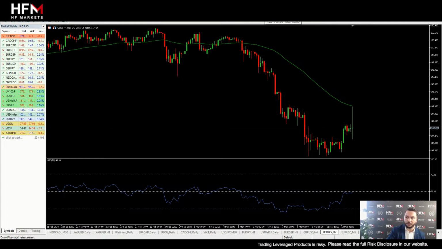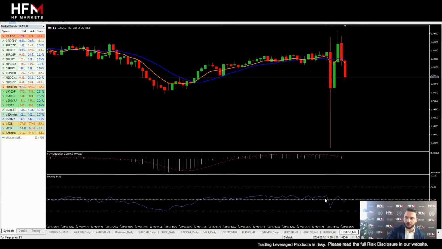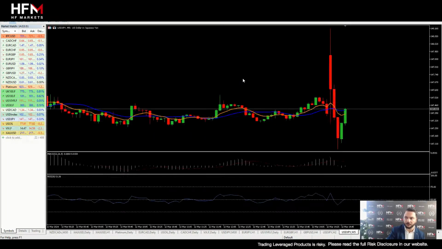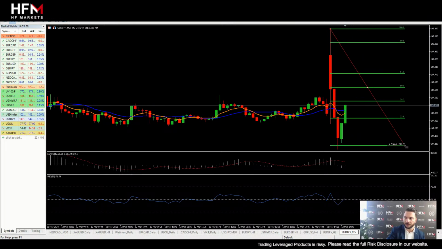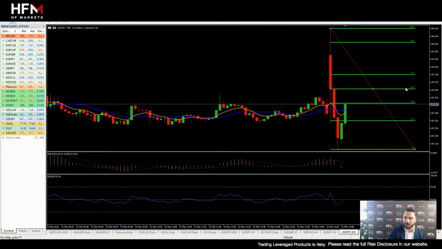What we can also do in this area is, of course, draw our Fibonacci level here. I'll just switch on to a smaller time frame for this so people can see the Fibonacci levels more clearly. If we look at the Fibonacci levels here, we can see the price is below the neutral. So even though we've seen a retracement, not a correction this time, but a retracement upwards, we're still below the 50.